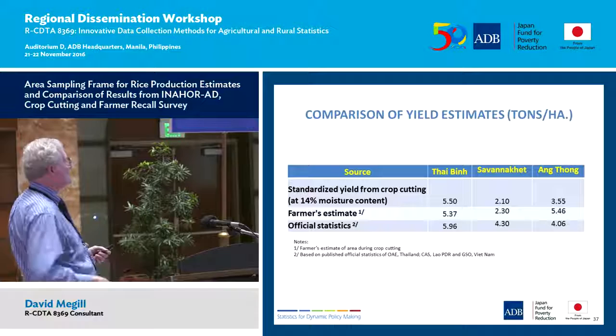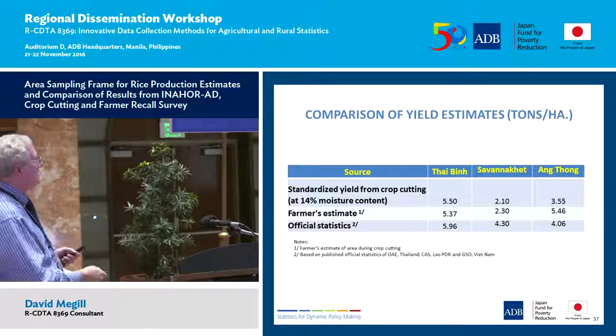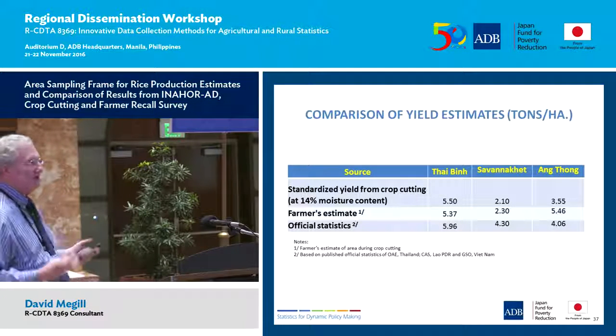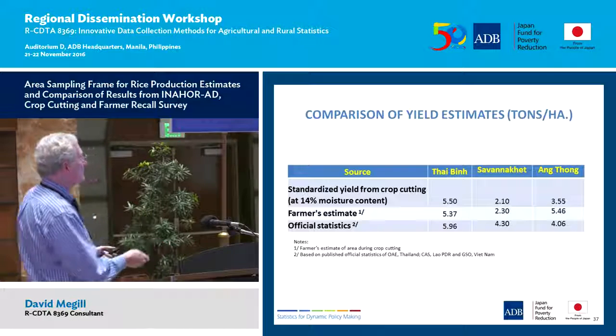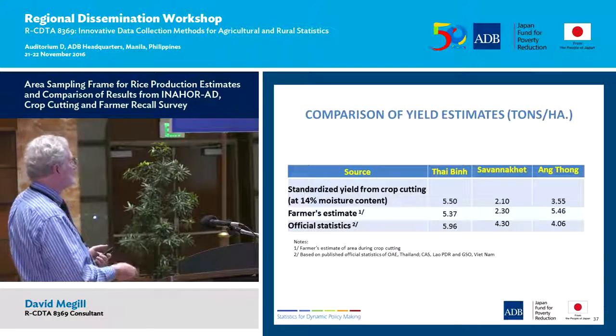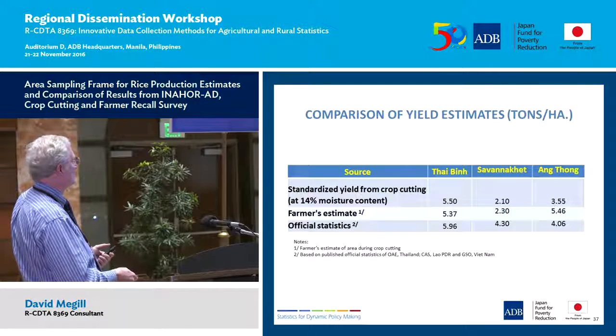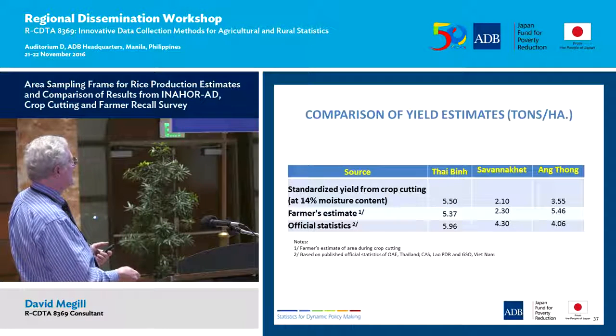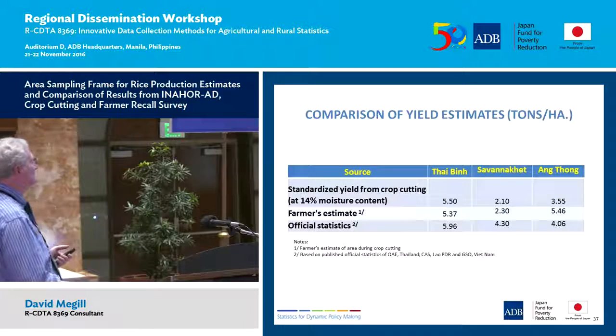Here is a comparison of the estimates of yield in terms of tons per hectare. Before you saw kilograms per square meter. Anyway, this gives you a similar level figure. But anyway, this is from the crop cutting. This is from the farmer's estimate and from the official statistics.